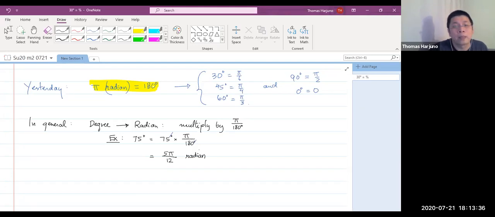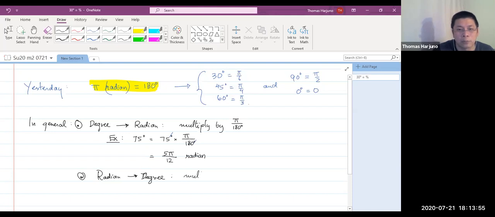Okay. Now, on the other hand, if we want to convert from radian to degree, then we will multiply by the reciprocal, multiply by 180 degrees over pi.